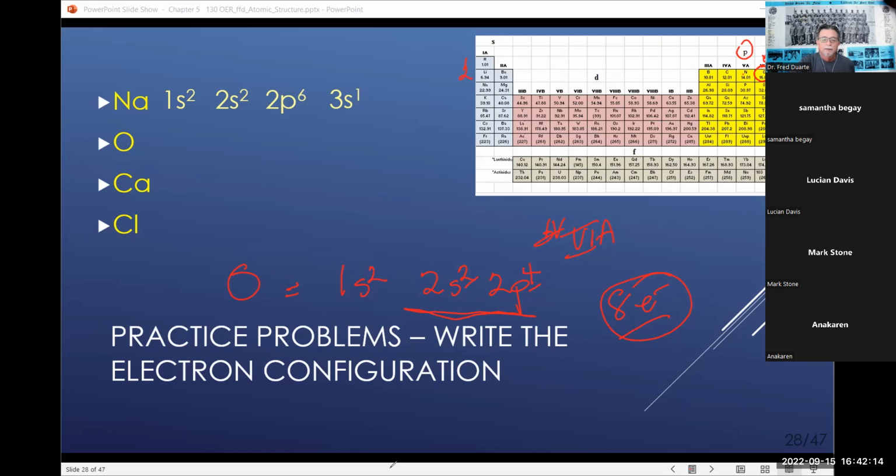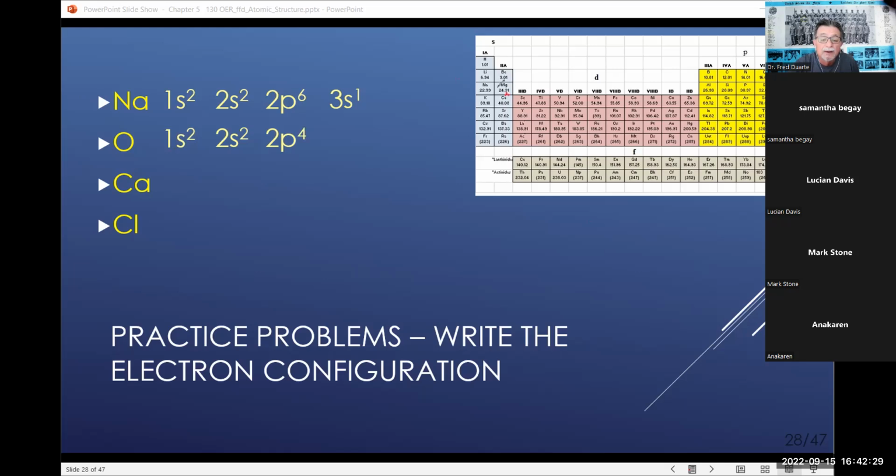There we go. Okay. All right, let's do calcium. Calcium is right here. And we have 1, 2, 3, and 4. Okay. And so calcium is in the 4th energy level.